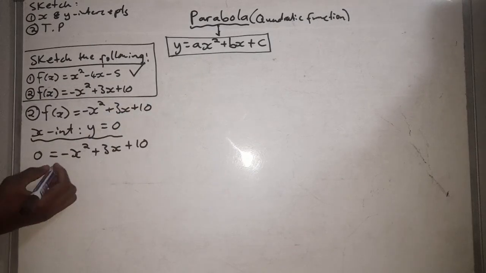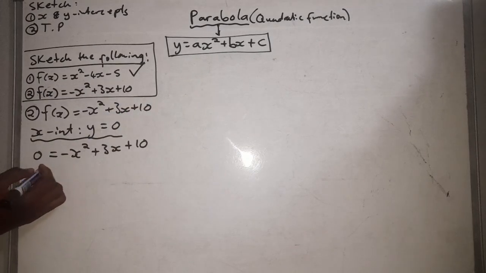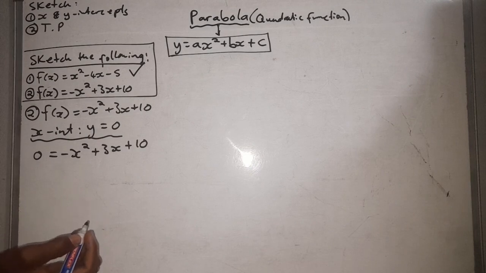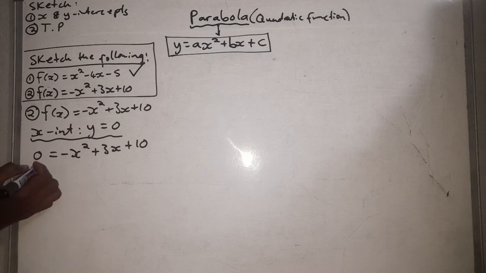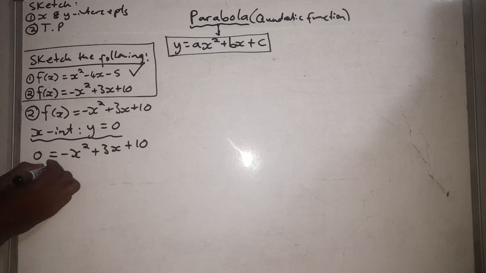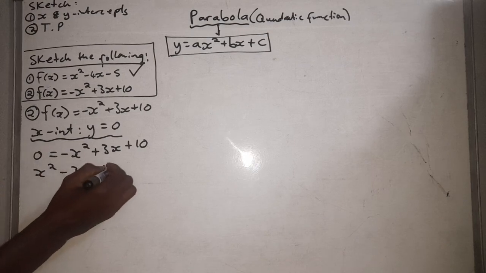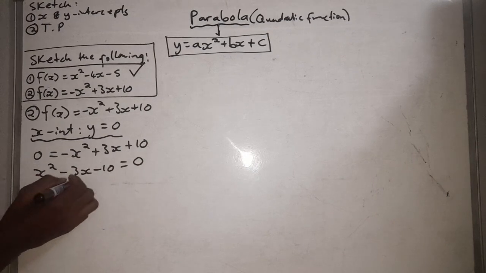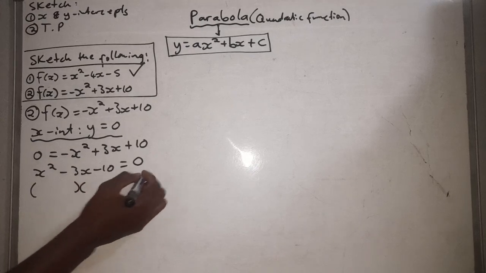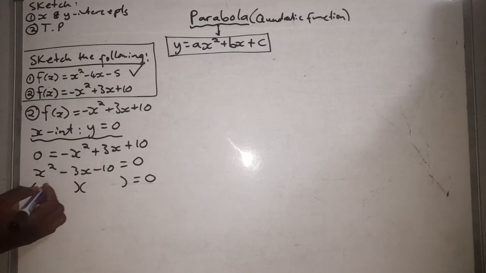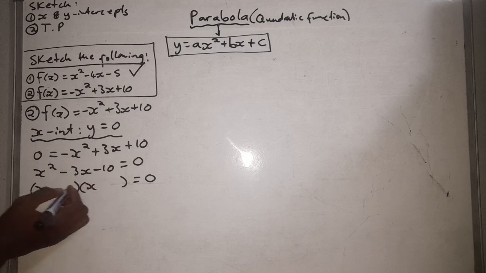Anyways, for the value of x, you may factorize or use the quadratic formula, it's up to you. So I'm going to factorize again. I'm going to take everything to the side: x squared minus 3x minus 10 equals 0. Then x, there's 5 and 2.